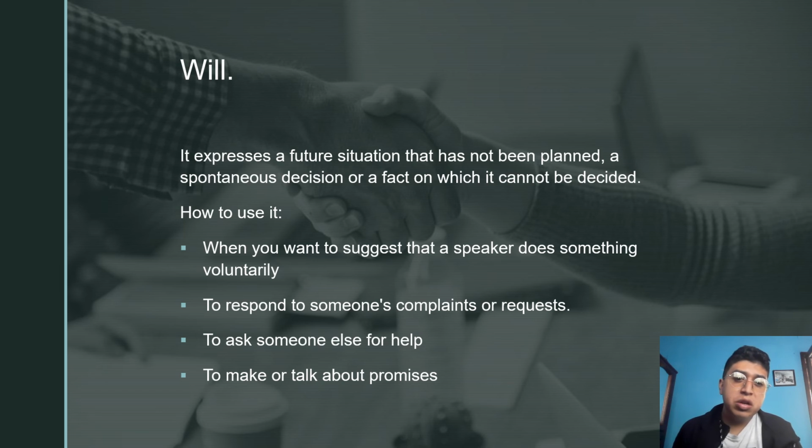Will expresses a future situation that has not been planned, a spontaneous decision or a situation in which it cannot be decided. How to use it: when a speaker offers to do something voluntarily, to respond to someone's compliments or requests, to ask someone else for help, to make or talk about promises.